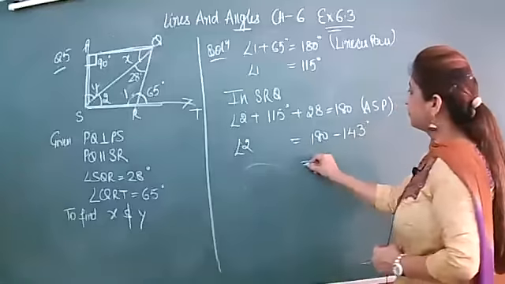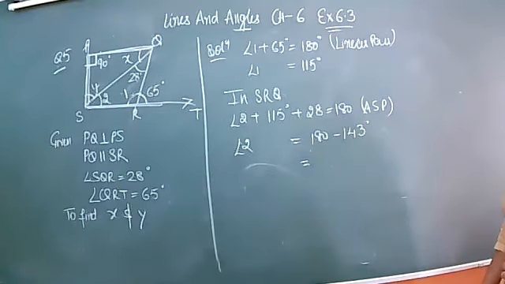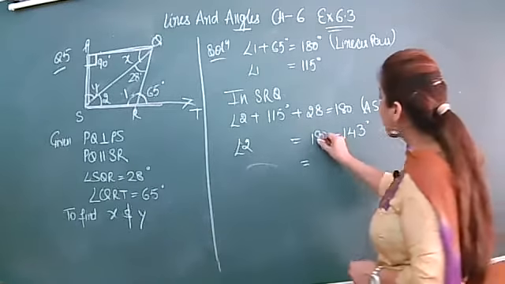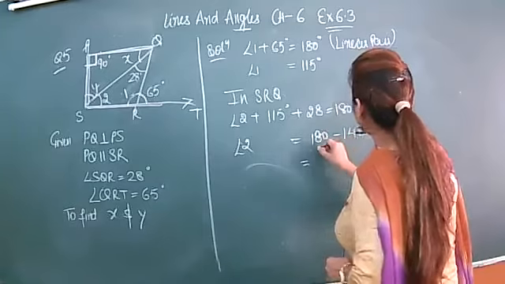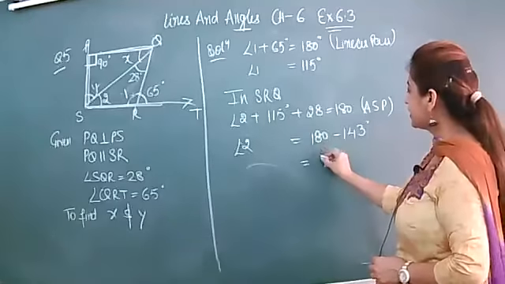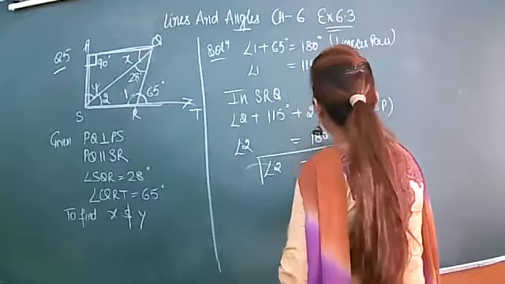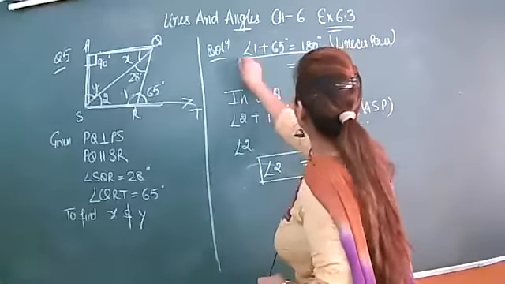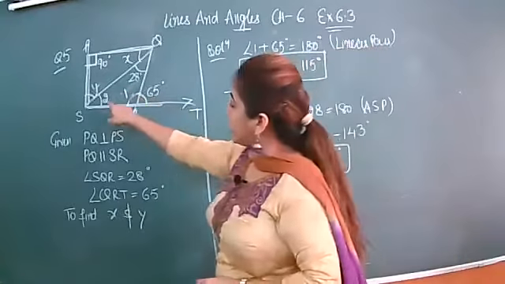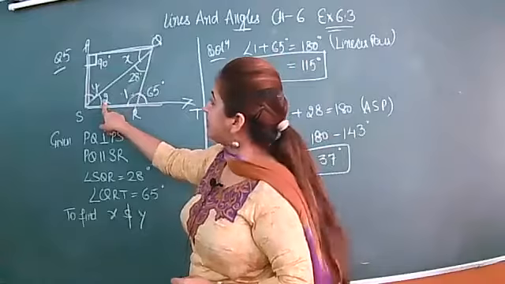Is it so? Is it clear? So subtract 143 from 180, that is 37 degrees. So angle 2 is your 37 degrees. Angle 2 we have got as 37.